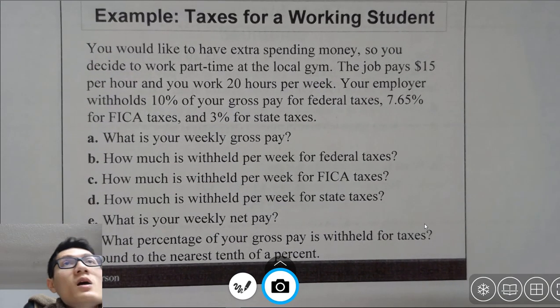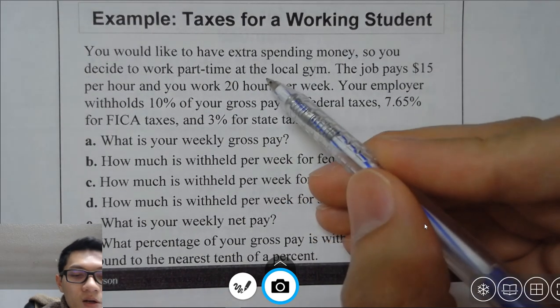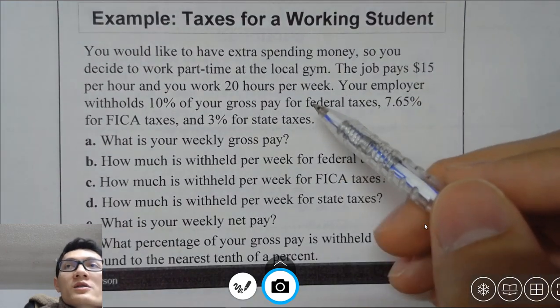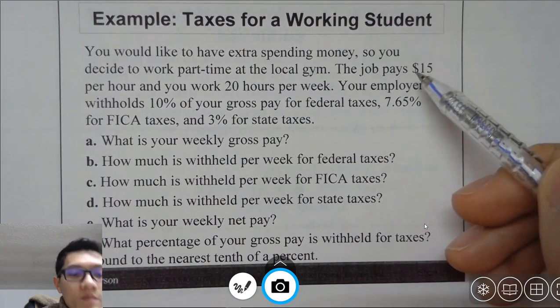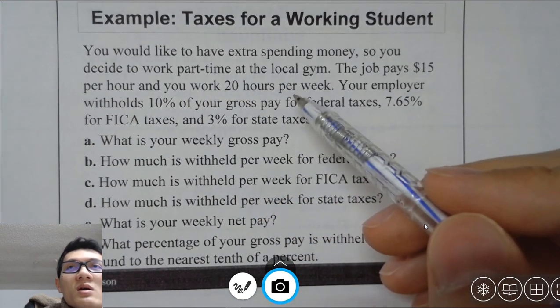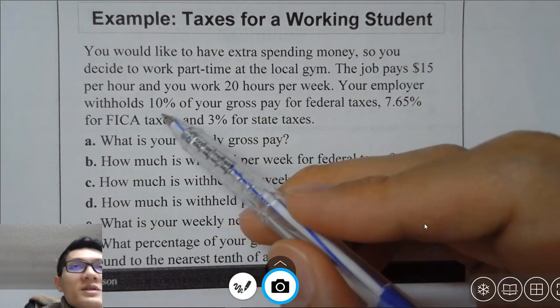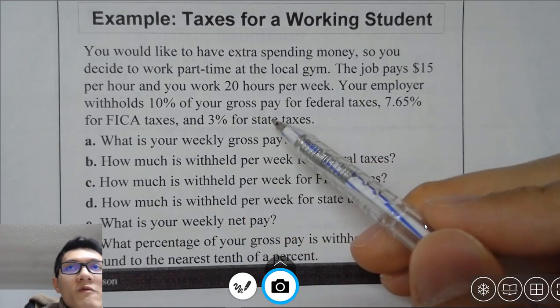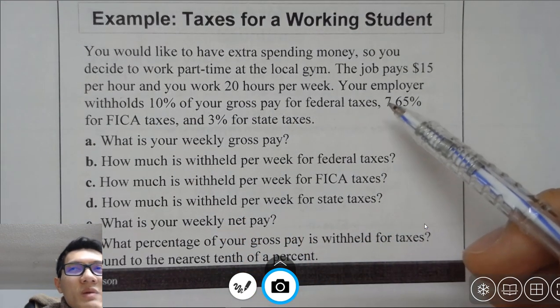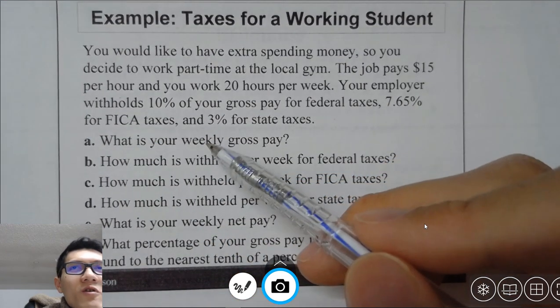You would like to have extra spending money, so you decide to work part-time at the local gym. The job pays you $15 per hour, and you work 20 hours per week. Your employer withholds 10% of your gross pay for federal taxes, 7.65% for Fica taxes, and 3% for state taxes.